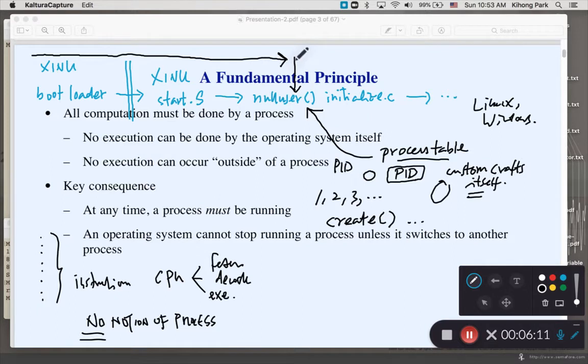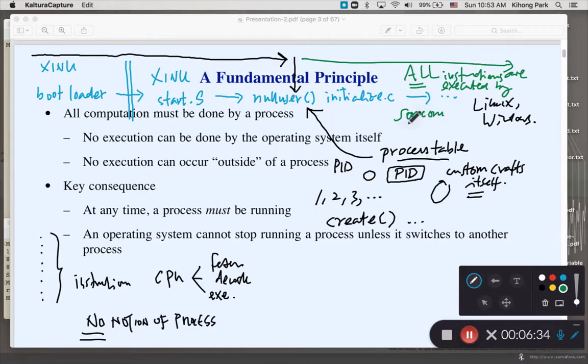And subsequent to this moment, so from here onward, all instructions, all code, are executed by someone. By someone, we mean by a process, by some process.